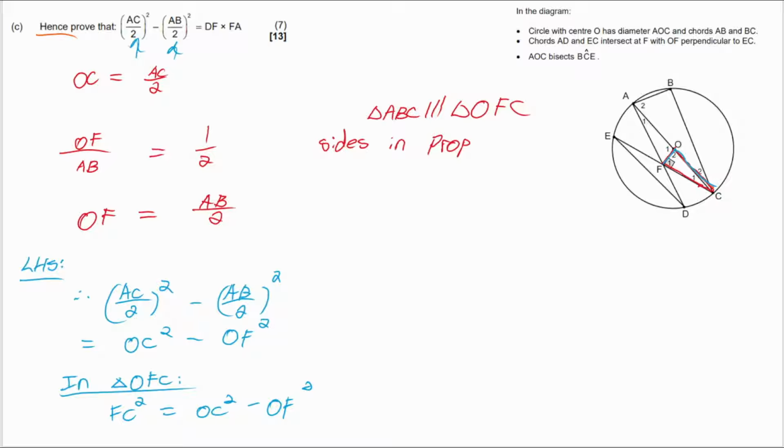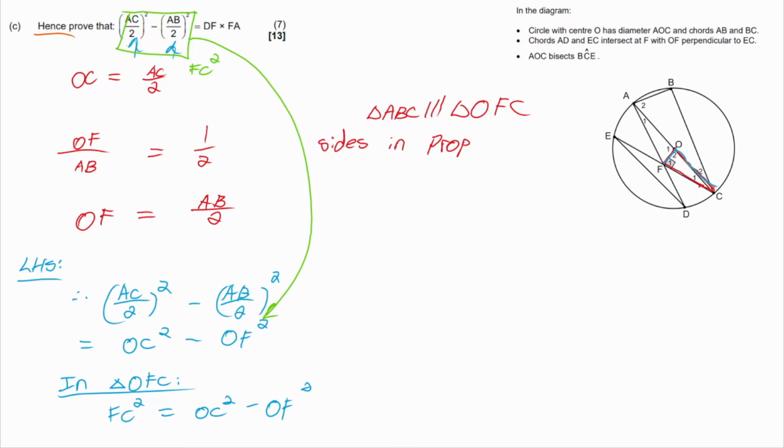So I know now that this thing is actually just FC squared. Because this thing here in the green box became this. All right, I was on the wrong view there, sorry. Okay, it became this, and I know this is just FC squared. So I'm getting somewhere, right?